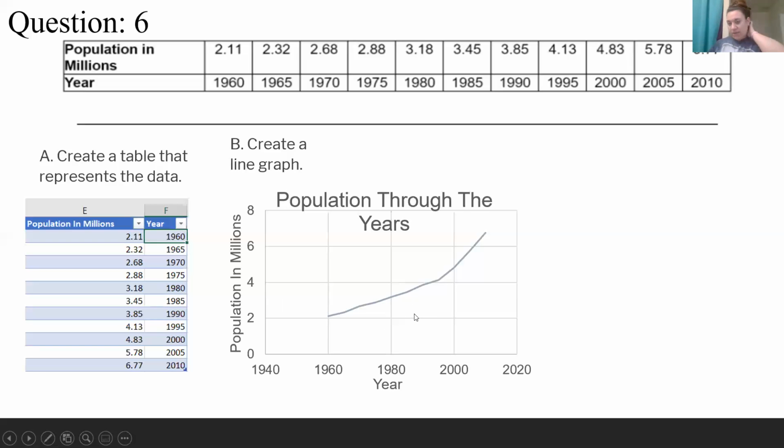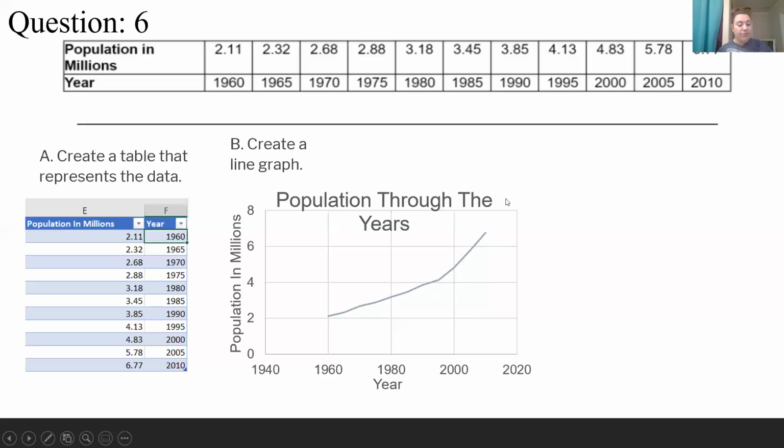What's cool about a line graph is you can see at what year or near what year our population actually shot up the fastest, what years had the biggest growth. And so here you can see it shot up from about 1990 all the way to 2010.